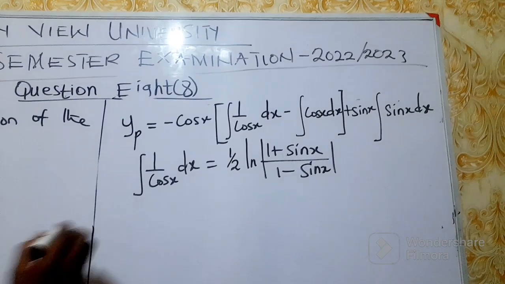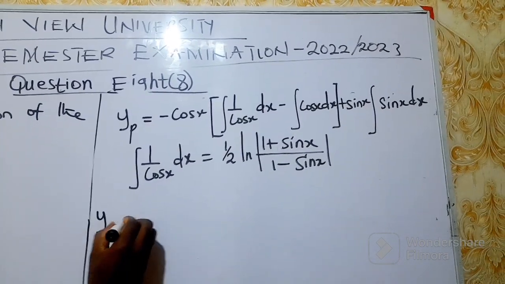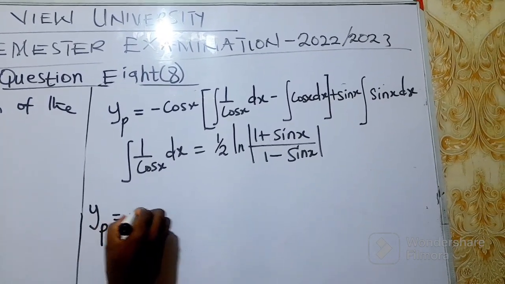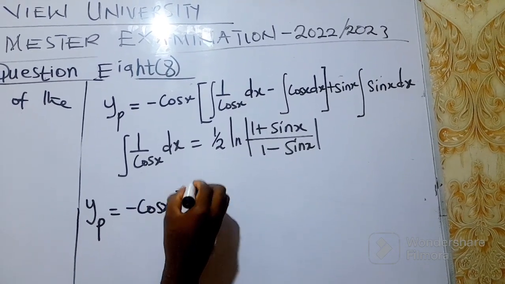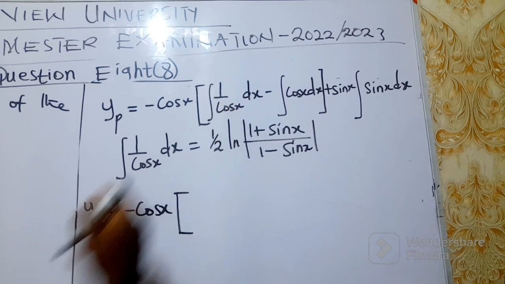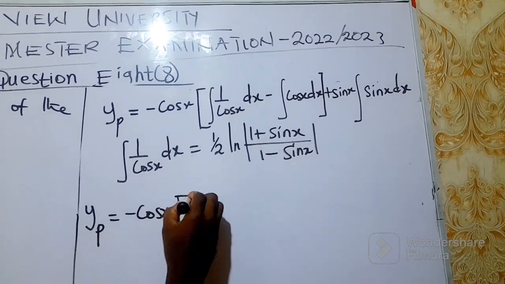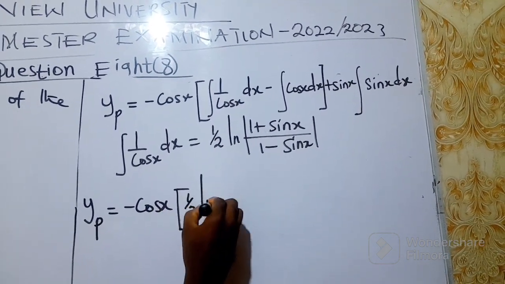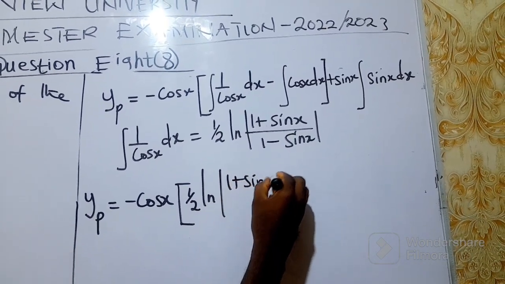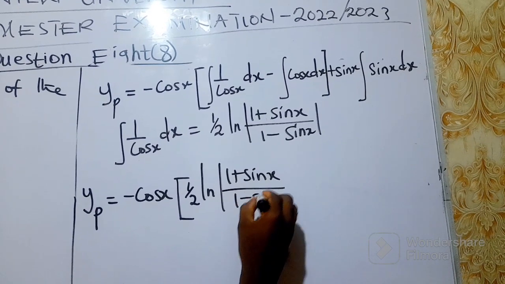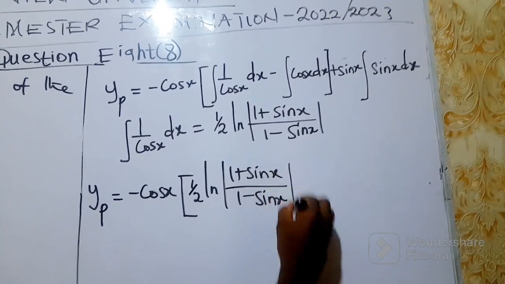So we can say our y of p will be equal to negative cos x times the integral. Remember I said the integral of 1 over cos x dx will be half ln of absolute value of 1 plus sine x over 1 minus sine x.